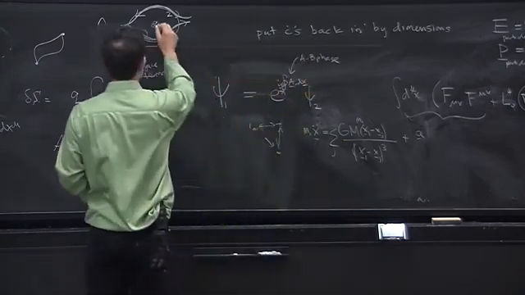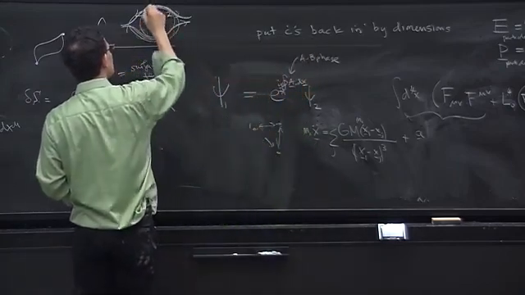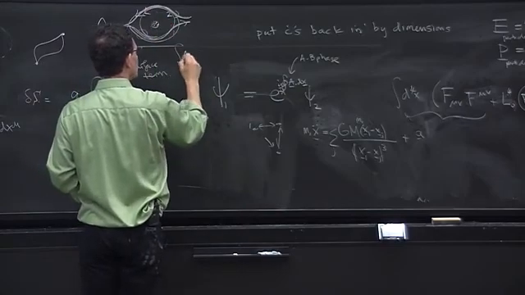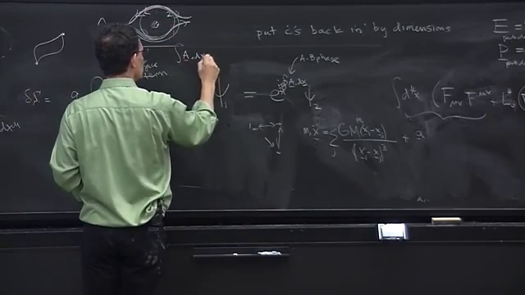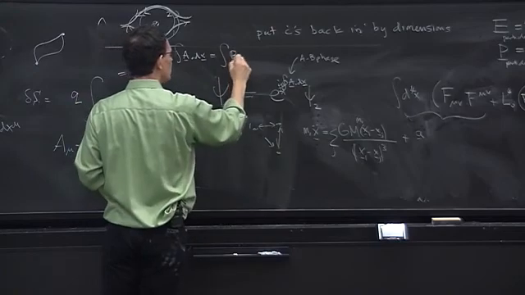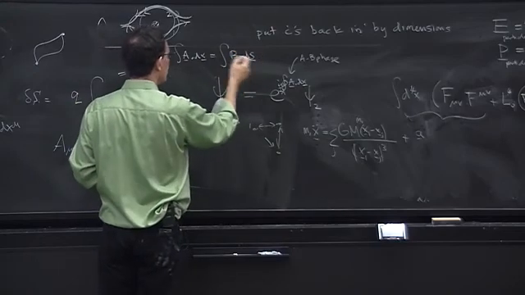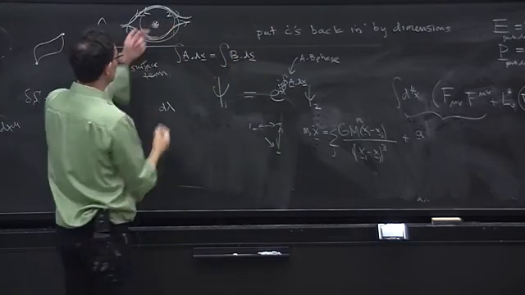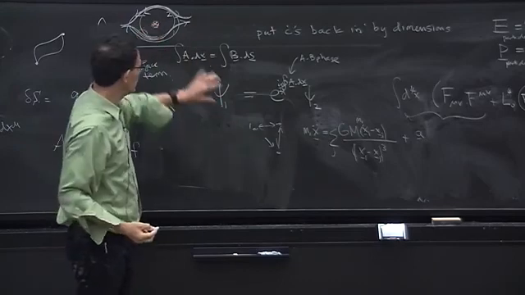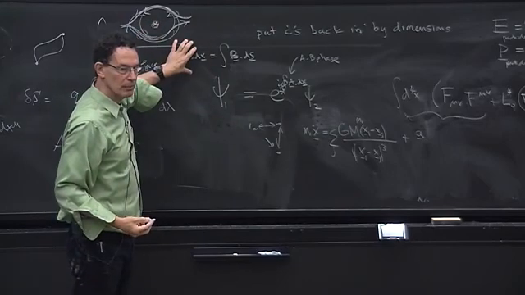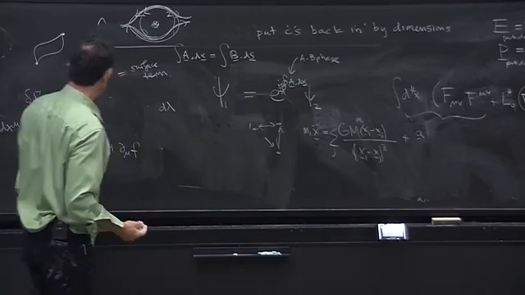And of course we have the integral of A around a closed loop, integral A dot dx, equals integral B dot ds, because B is curl A. So by Stokes' theorem, the flux through the middle is exactly this term. Okay?